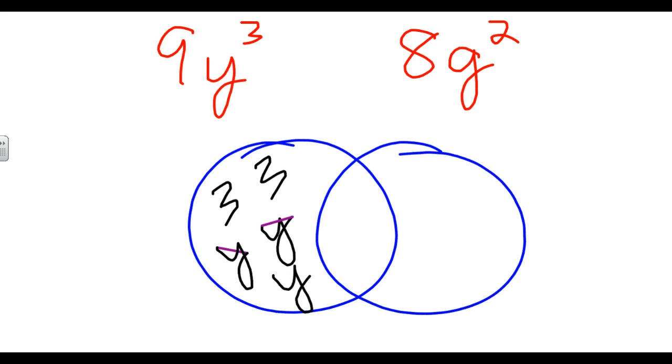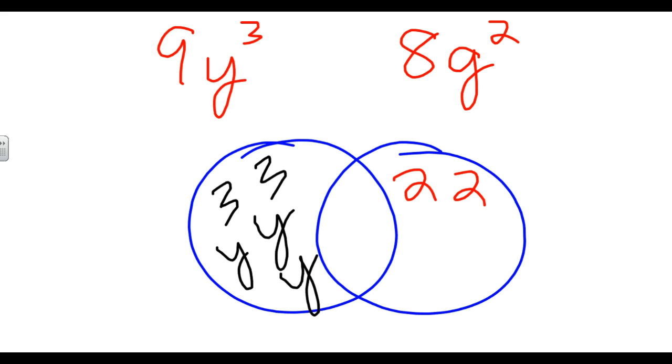We need to get rid of those extra lines there. I'm not sure where they're coming from. And then for the 8g squared, we have 2 times 2 times 2 times g times g. And so they don't actually share anything. There are no primes and no variables and nothing that they share.